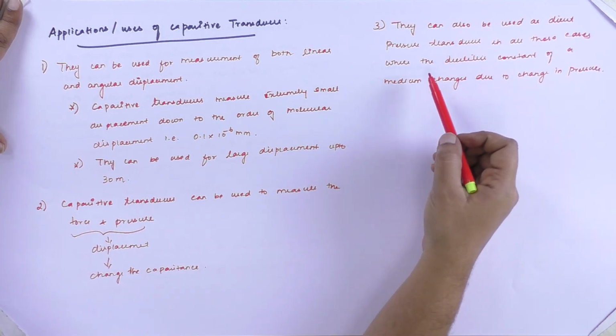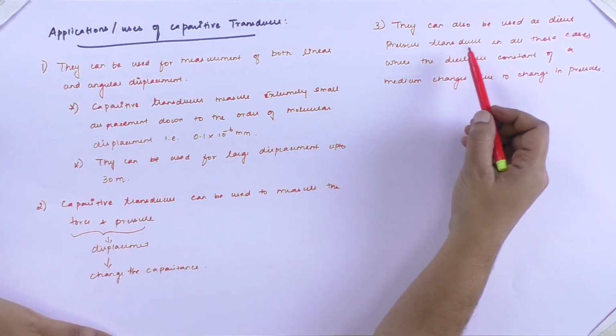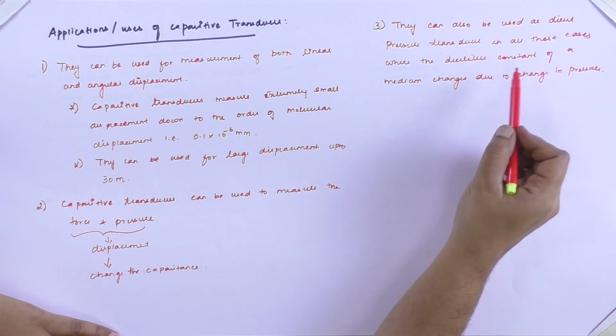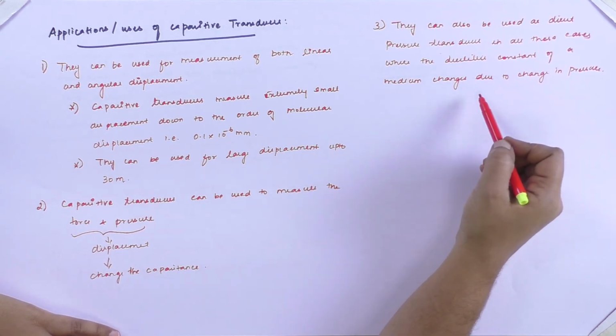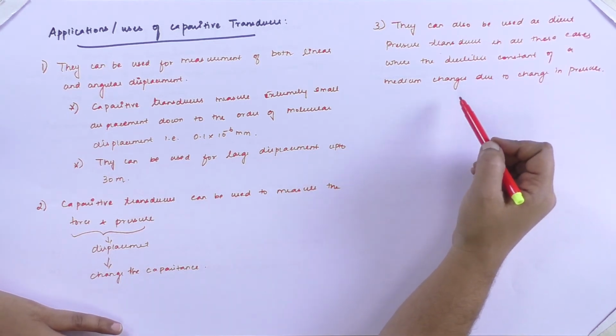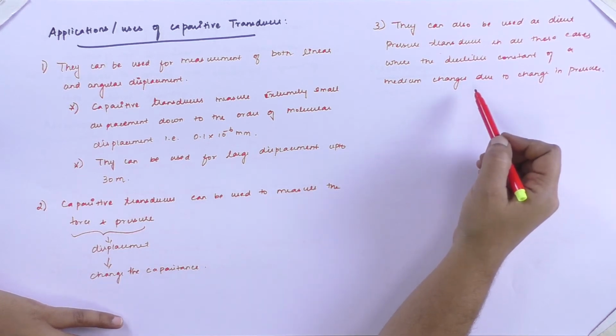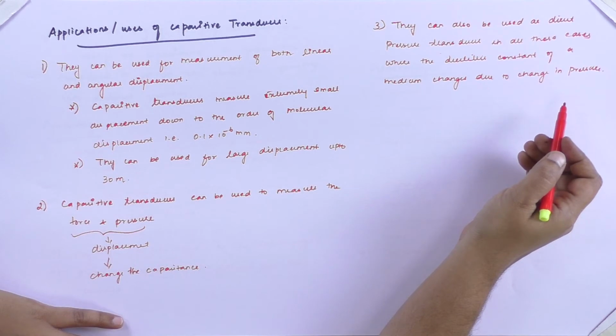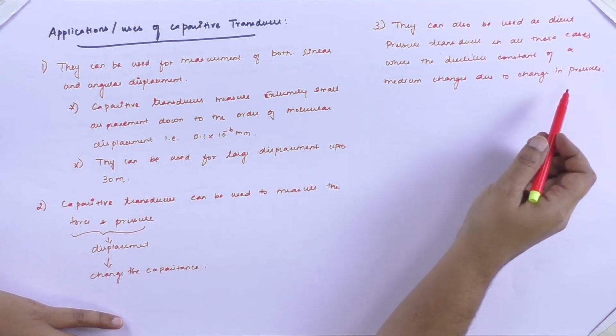So, this capacitive transducer can be used as a direct pressure transducer in cases where the dielectric constant of a medium changes. So, this dielectric medium change changes the permittivity of the capacitor, so that the capacitance also changes due to change in pressure.